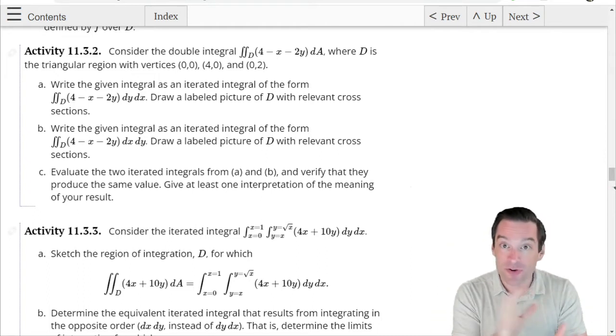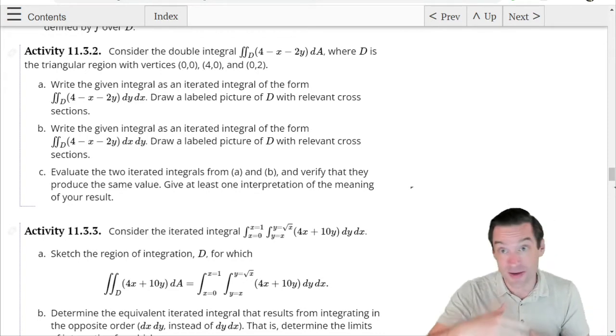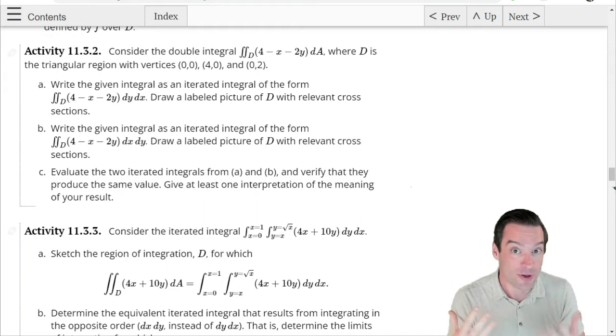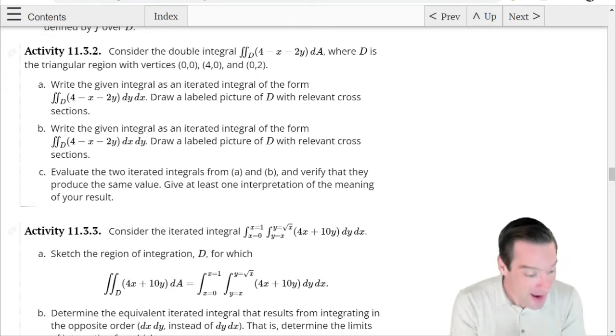So those two different methods of describing a two-dimensional region are respectively called a type 1 method and a type 2 method by some calculus textbook authors that feel like they need to give terminology for every little thing.